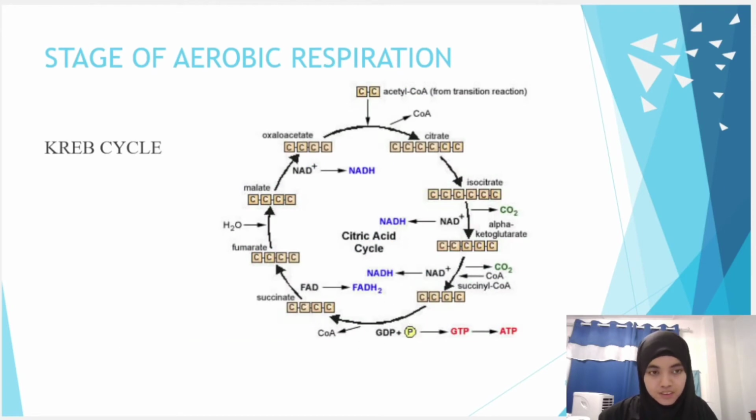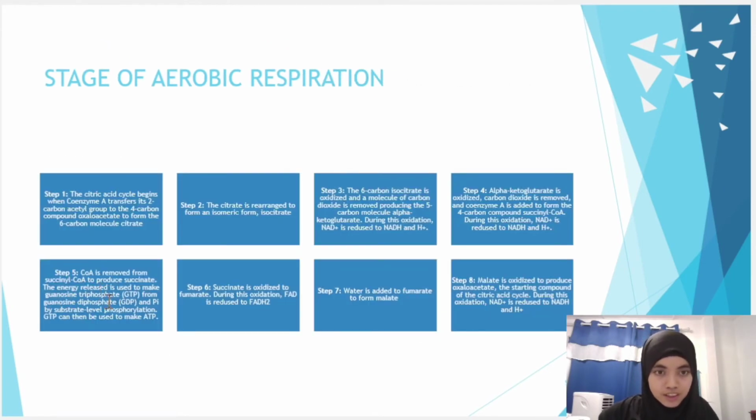The energy released is used to make guanosine triphosphate, also known as GTP, from guanosine diphosphate, GDP, and inorganic phosphate by substrate level phosphorylation. GTP can then be used to make ATP.